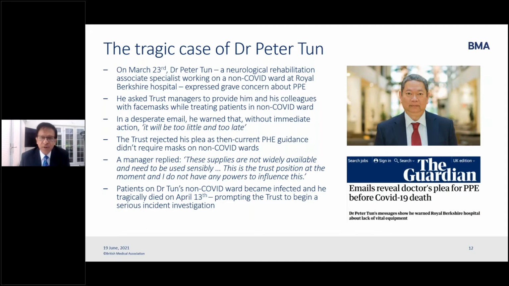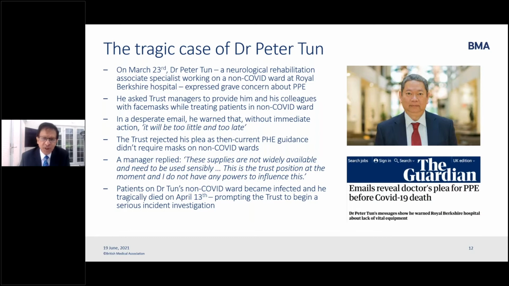Dr. Peter Tun was a neurological rehab associate specialist at the Royal Berkshire Hospital, who last year on the 23rd of March, during the height of the first wave, was very worried about working in a ward without wearing any PPE, because that was the policy at the time from Public Health England.